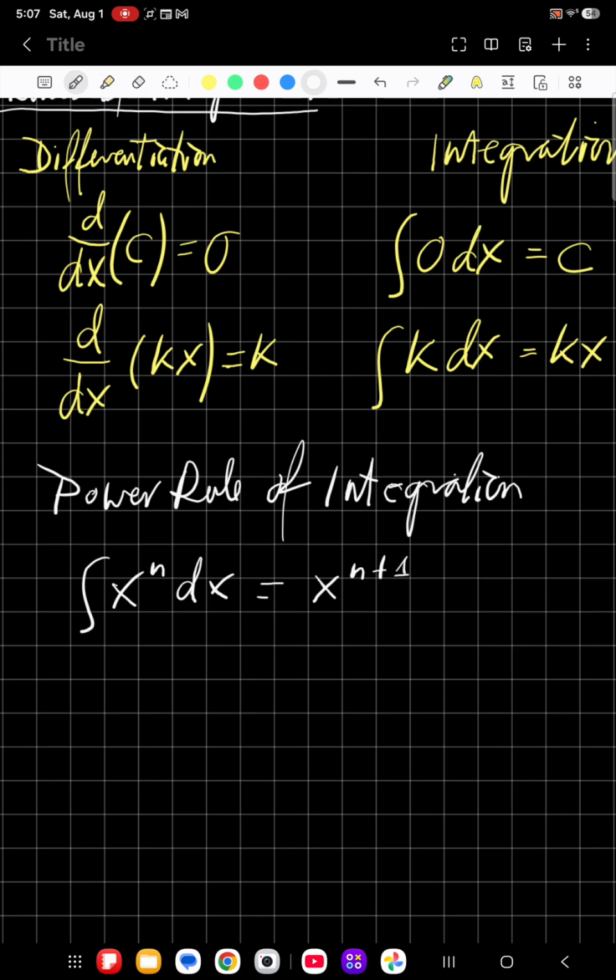In differentiation I was first moving that n to the front; now I'm not doing that, I'm adding first. In differentiation, subtracting 1 was the second step. Here it's the first step, and then that n plus 1 is going to go here in the denominator. And then we have plus c.